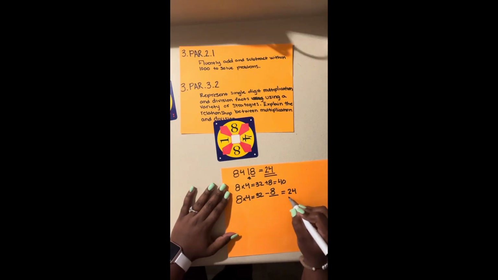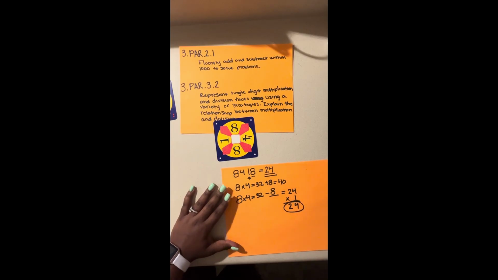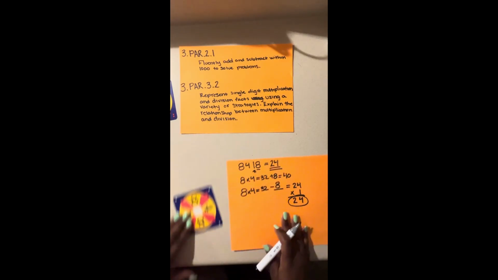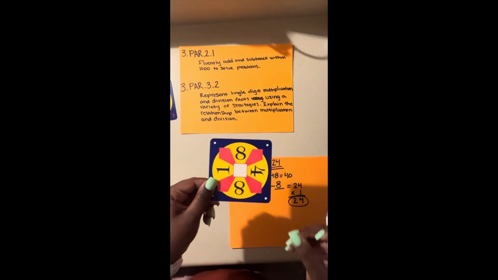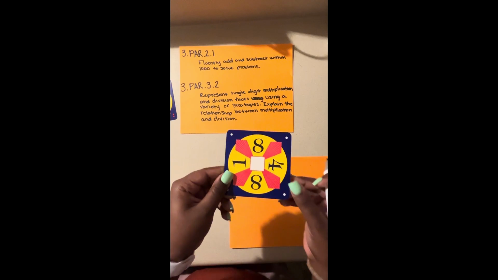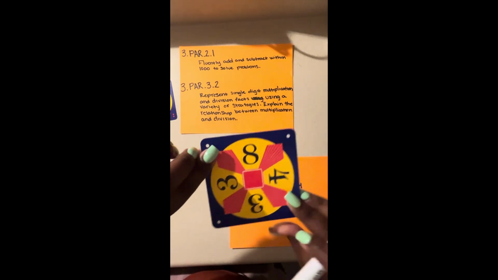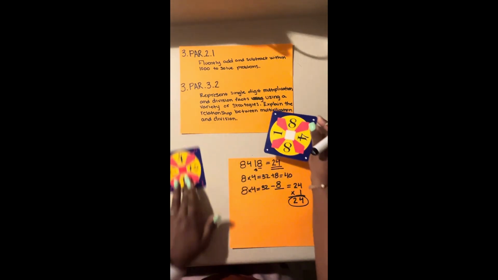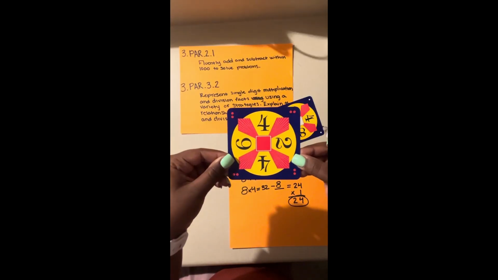So that'll be times 1. They could do 1 times 4 equals 4, 1 times 2 equals 2, which gives them the answer of 24. Now that they have completed this card, they can either flip over to the back or move on to the next level.